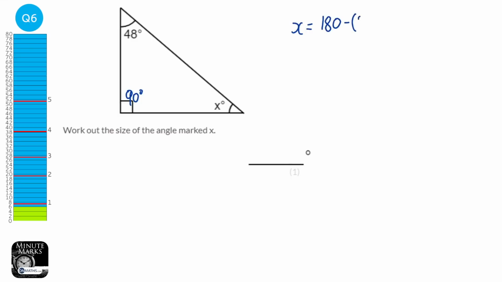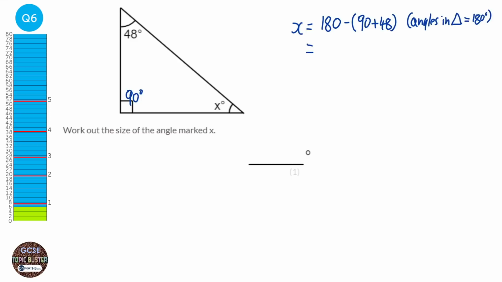We're going to subtract the 90 degrees plus the 48 degrees from 180. And in brackets we're just going to say the reason: angles in a triangle add up to 180 degrees. So when we do 180 take away 90 plus 48, you get 42 degrees.